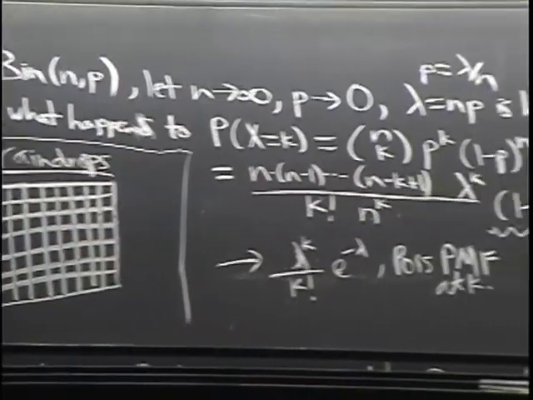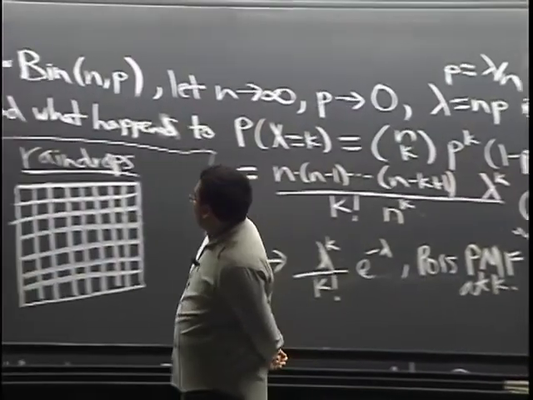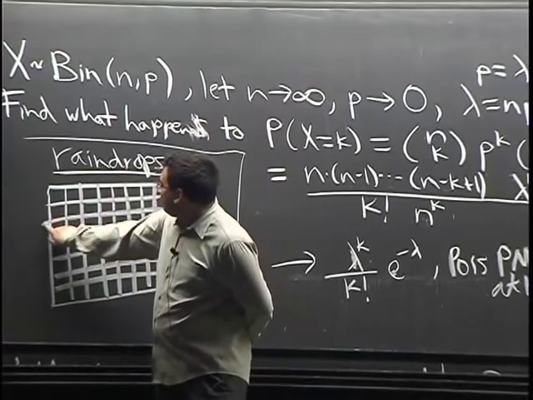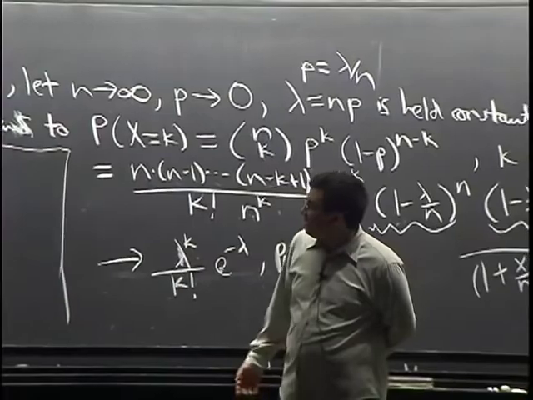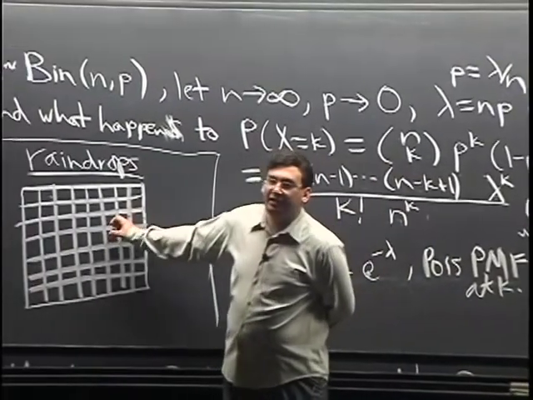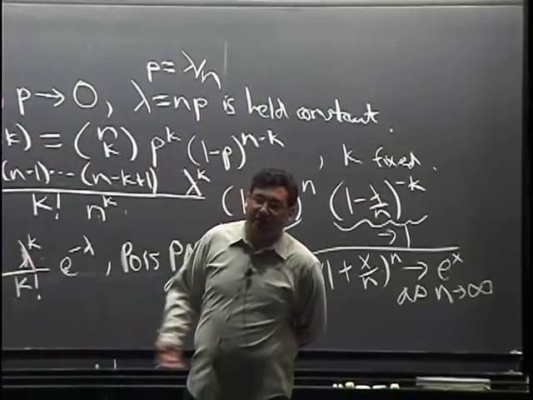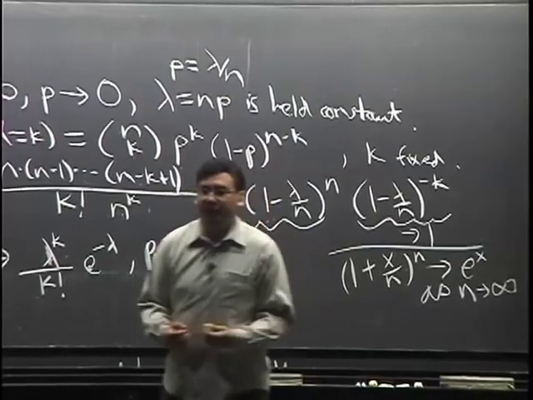Now, I want to count the number of raindrops in some time interval. For each individual square, if we break this up into tiny enough pieces, each individual square is unlikely to get a raindrop hitting exactly in that square, if we make them small enough, right?